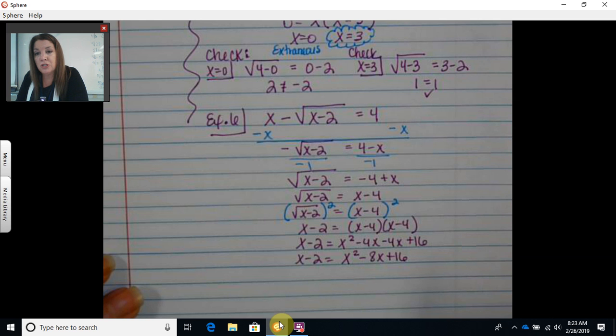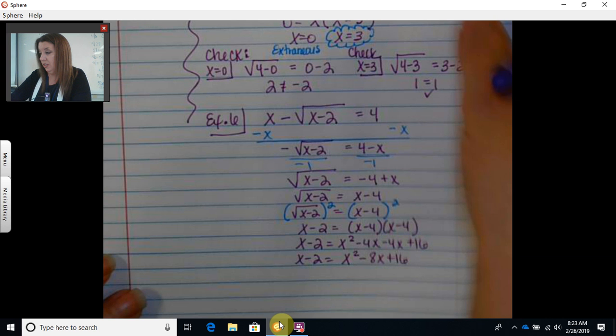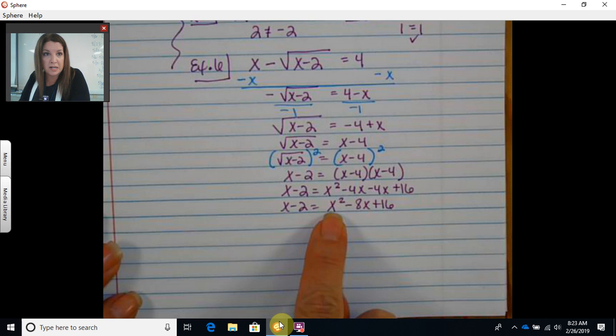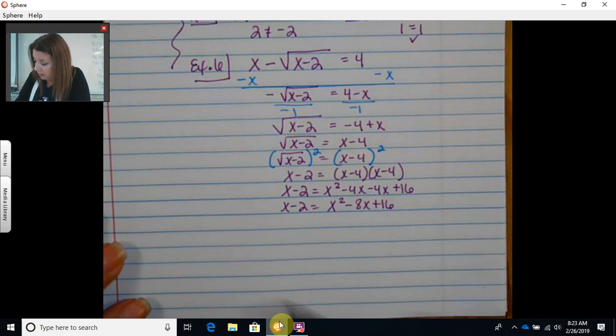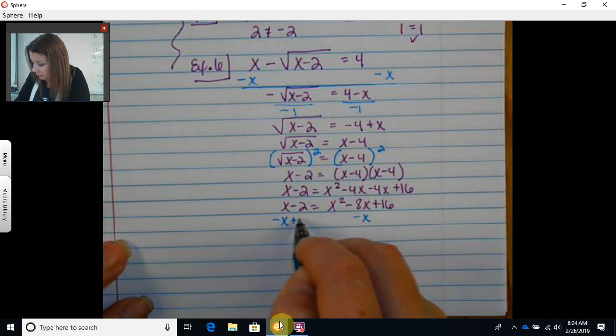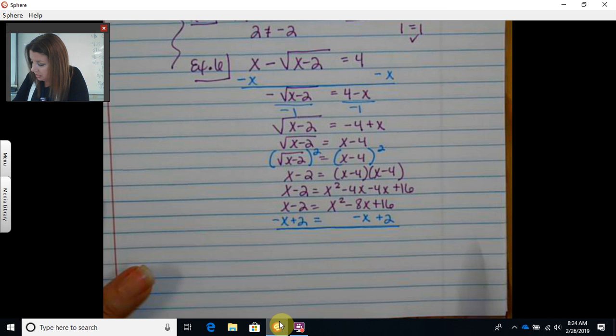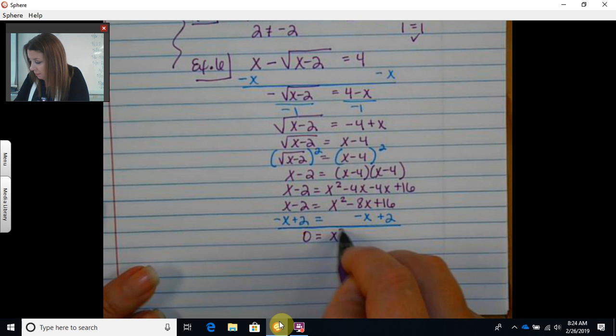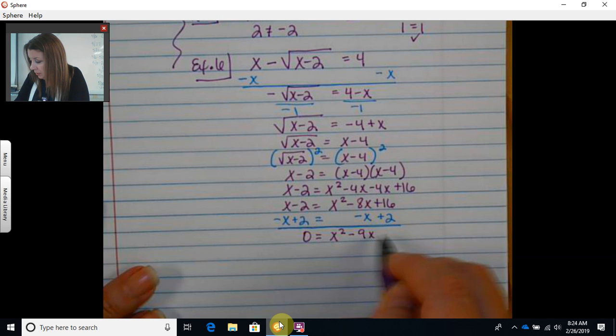So to solve for x, I've got quadratic terms and linear terms, of course constants, but that doesn't really affect my decision. Can I isolate the x, or do I need to get it set equal to 0? Equal to 0. And since my quadratic's on the right and it's positive, I'm going to move everything over to the right. So 0 equals x squared minus 9x plus 18.